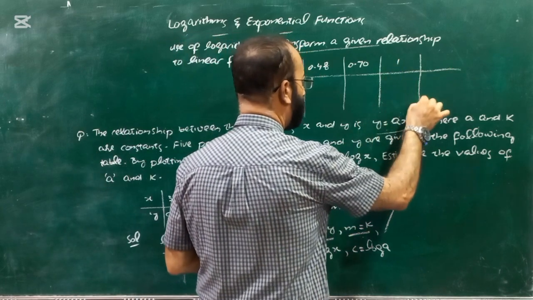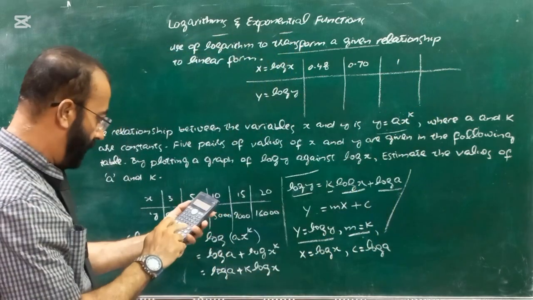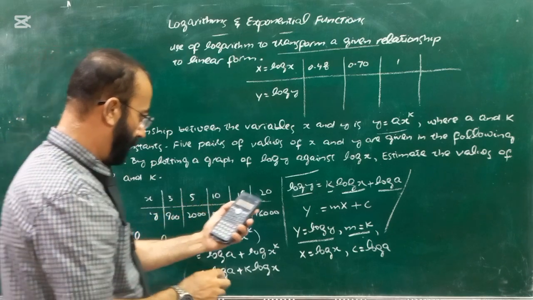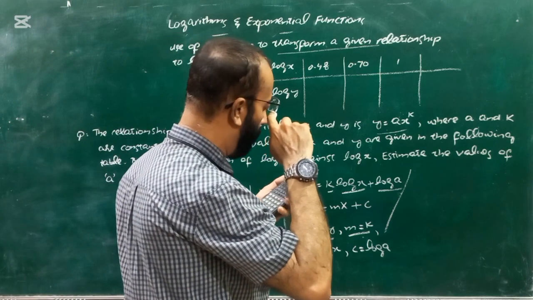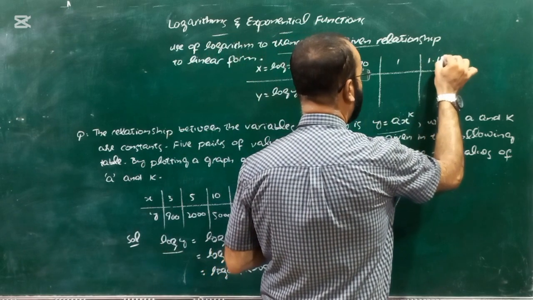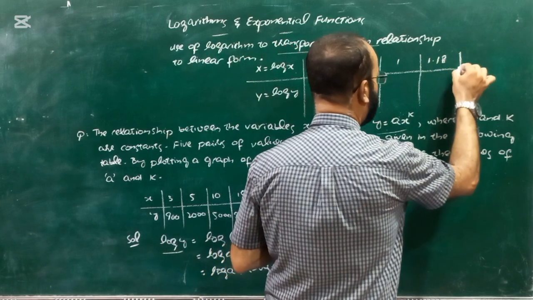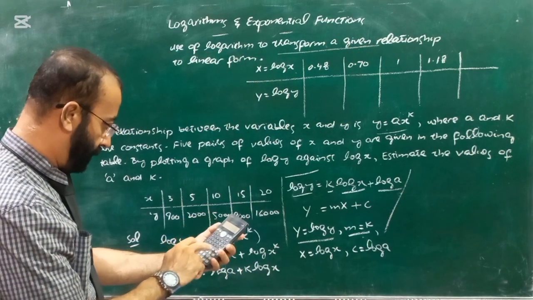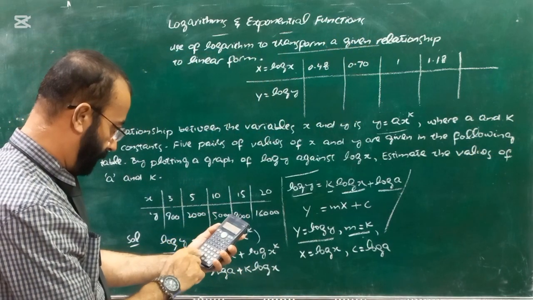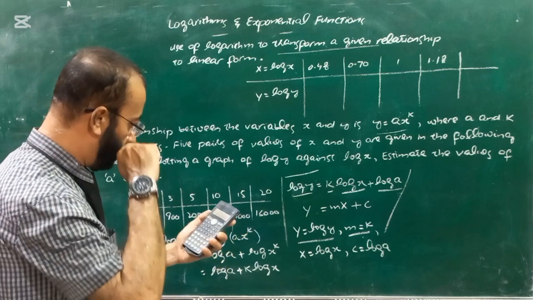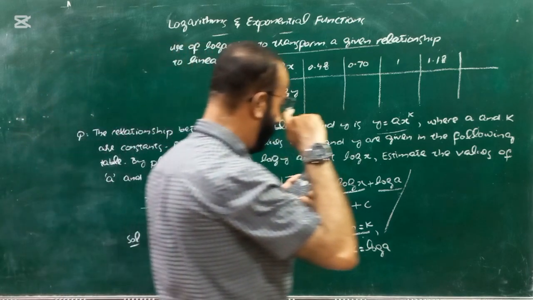The next is log of 15, this is 1.18. The next is log of 20, this is 1.30.